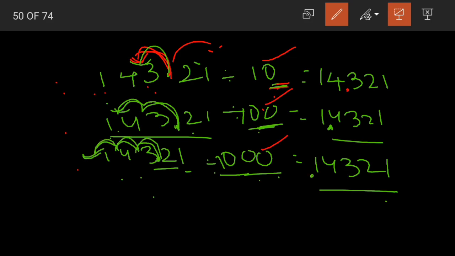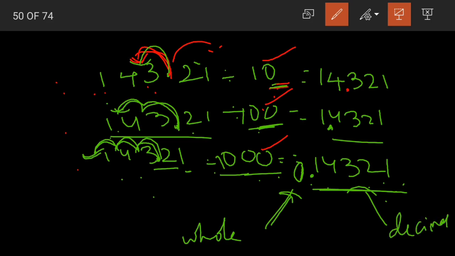So it would be 0.14321. As there are no numbers before the point, we can simply put a 0, so that we have both the whole number part and the decimal part. The 0 is our whole number part, yes children, and 14321 is our decimal part.